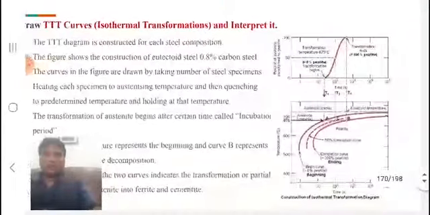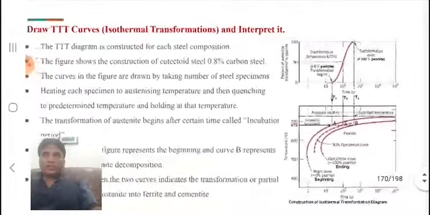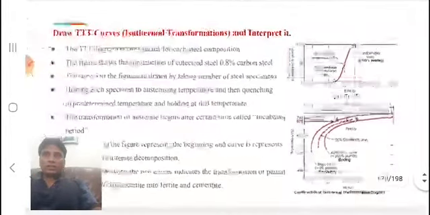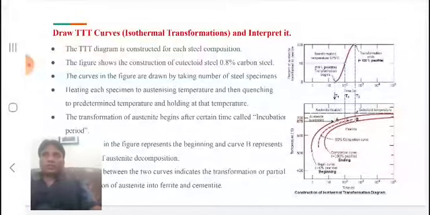So I repeat, before I wind up this session, the TTT diagram is constructed for each steel composition. The figure shows the construction for eutectoid steel of 0.8% carbon.